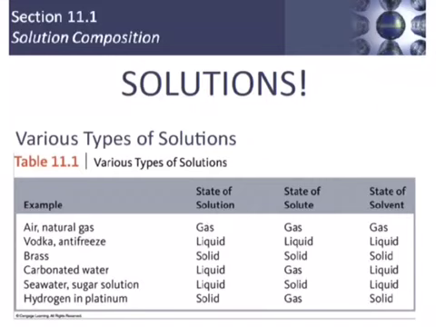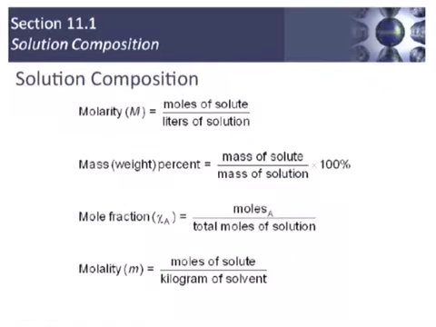So now, next, we have different types of numbers that we can calculate. Molarity is something back from pre-AP that you should remember: moles of solute per liters of solution. We can get mass percent, which is the mass of your solute over the mass of your solution times 100.